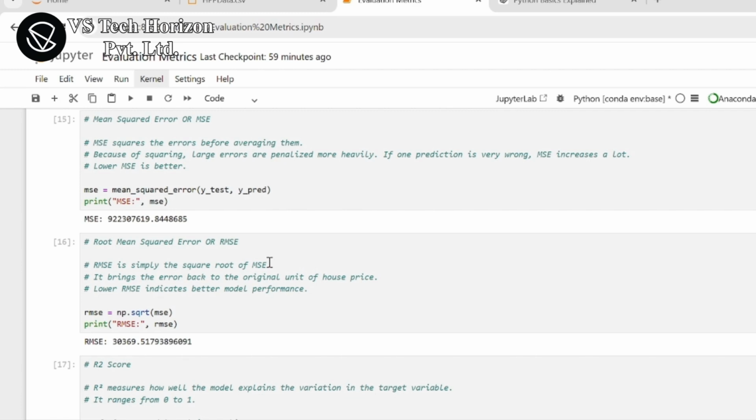Here, root mean squared error is easier to interpret than mean squared error because it is the same unit as price, and lower root mean squared error indicates better model performance, same as mean squared error. In our case, the root mean squared error is the following figure. This means prediction typically deviates by the following figure.